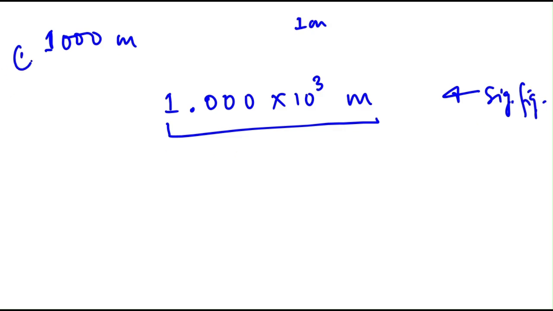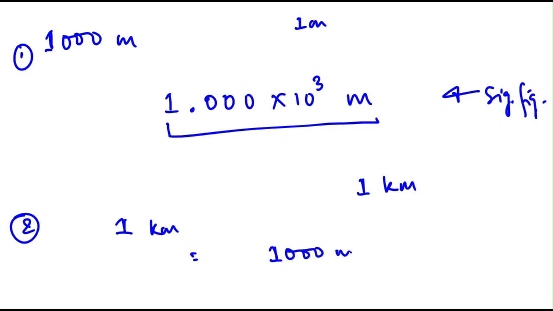Okay, now moving to another one. We have reported a value of 1 kilometer and we have used a scale of resolution 1 kilometer. And then we have reported this as 1000 meters.